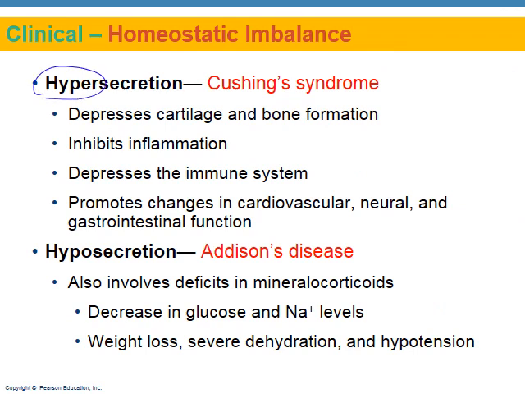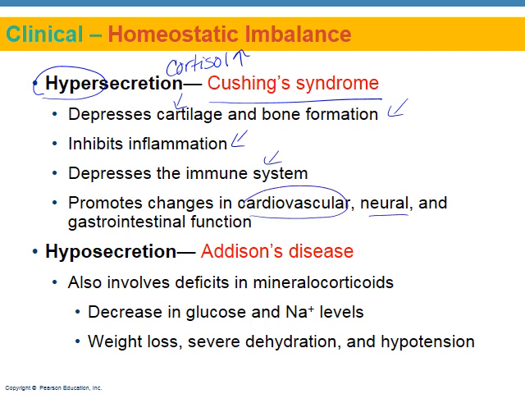So what happens if you have hypersecretion of cortisol? So increased cortisol, it's something called Cushing's syndrome. Basically, you inhibit inflammation, you depress cartilage and bone formation, depress the immune system, and then we'll have changes in cardiovascular, neuro, and gastrointestinal function.